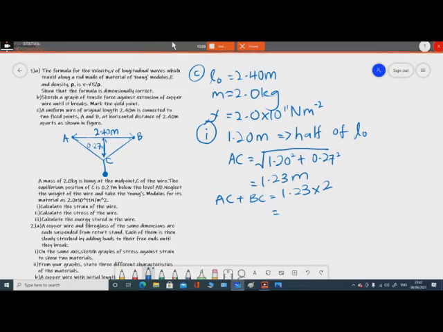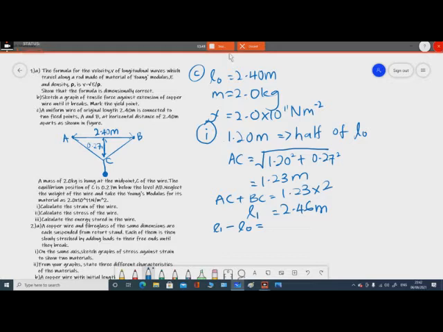So this is the actual length after the wire has been stretched. From this length and the original length, we are able to find the extension by subtracting L1 minus L0.